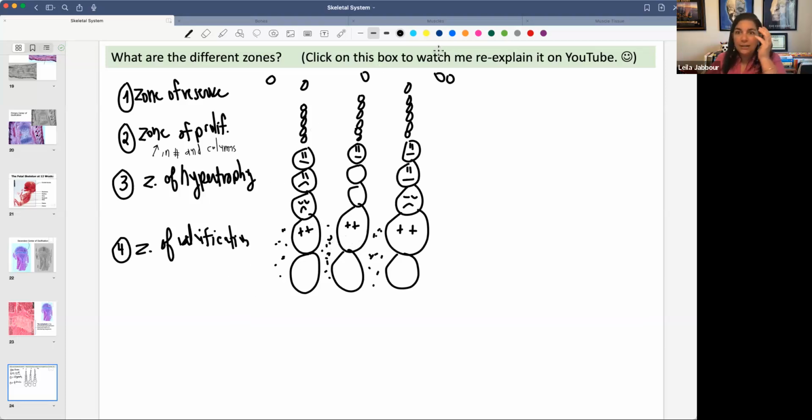Okay, so finally, let's get to the zone where we're going to finally make bone. And this is in zone 5, zone of ossification. Now we're making bone, ossification, or we also call it bone deposition. Let me show you how that works.